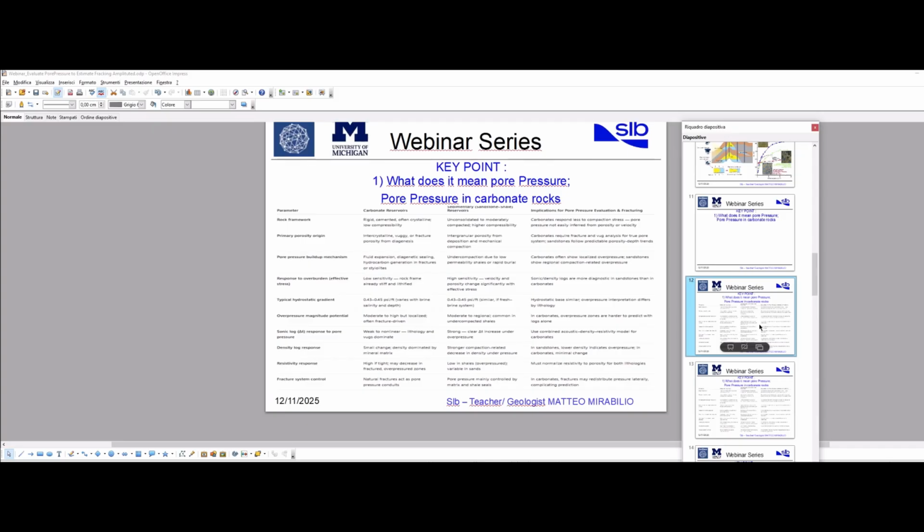Carbonates are often located in overpressure zones, and sandstone shows regional compaction related to overpressure. So that means, for example, the fracture system is much more influenced by the pore pressure, and the density log analysis can reveal this.